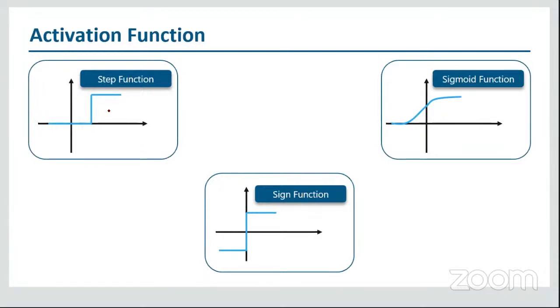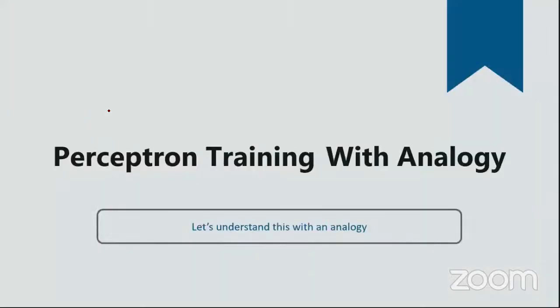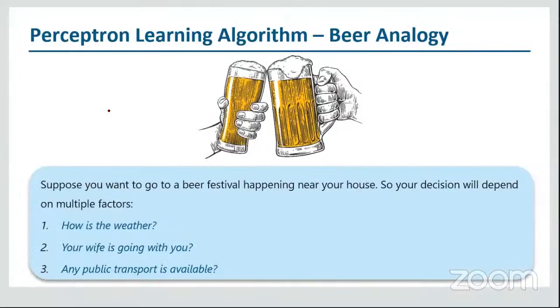So if this is your activation function, then let's see a perceptron training with an analogy. A very, very simple analogy I will explain. You will be able to understand how the training works. Okay. Now, let's take this simple analogy.